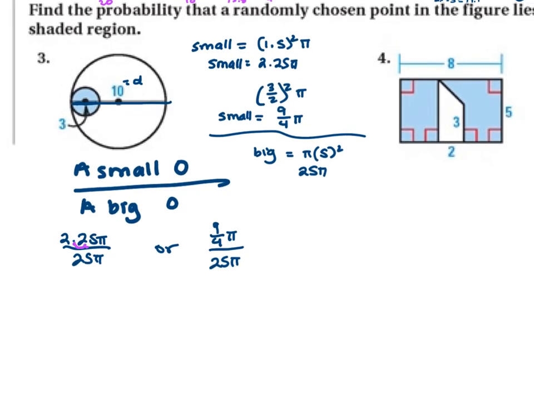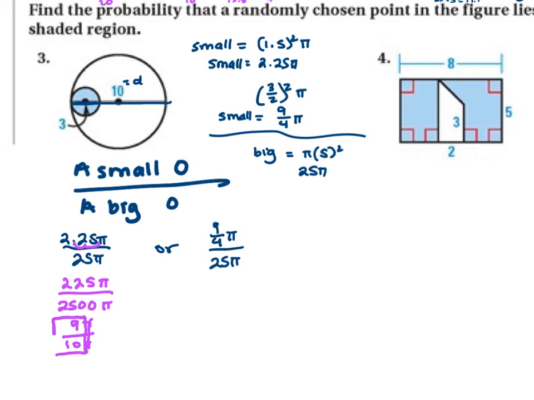So if I move this 2 places, I'd move this 2 places, and then reduce that. The pi's are going to cancel out. This would be 9/100 because they're both divisible by 25.